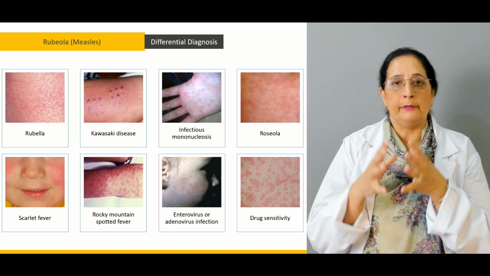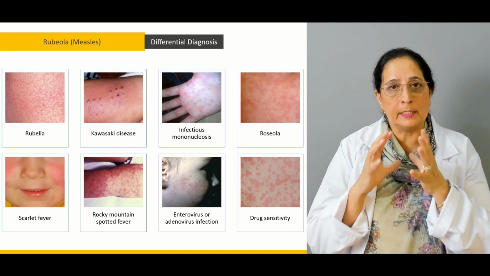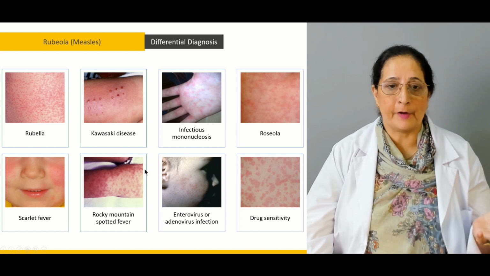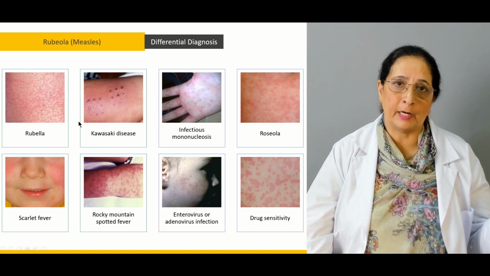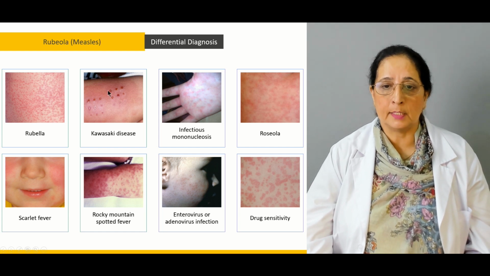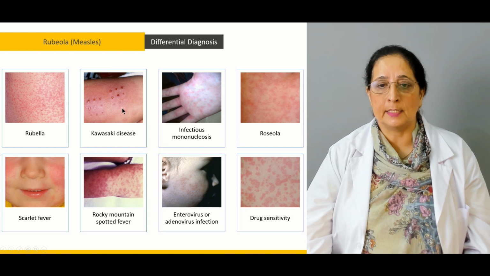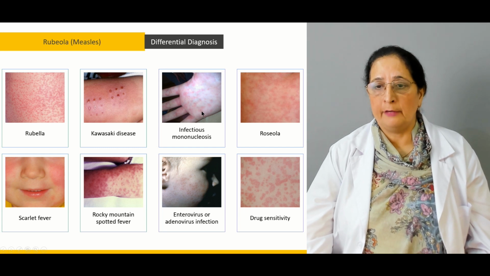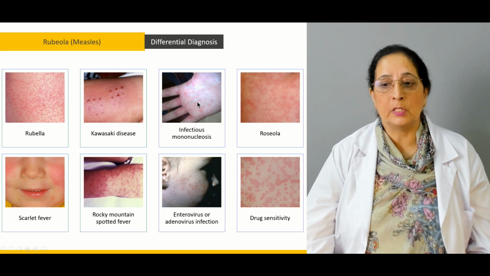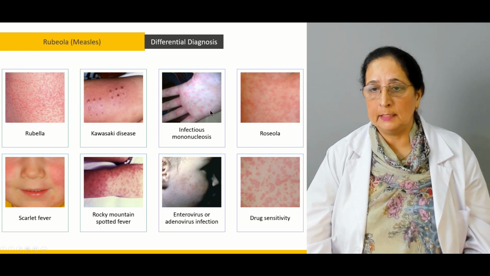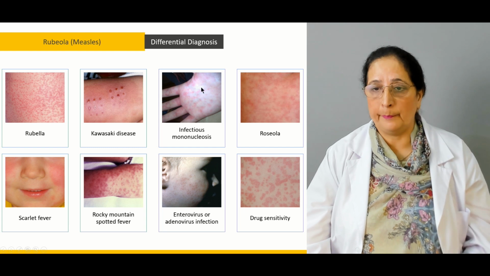So all these are different infections that cause rash, and you can see the difference between the different rashes: how the measles rash appears and how the rubella rash appears. Then we have Kawasaki disease, very characteristic. There is erythema, and you can see spots in the rose. Infectious mononucleosis, caused by Epstein-Barr virus, has a characteristic rash on the palm.